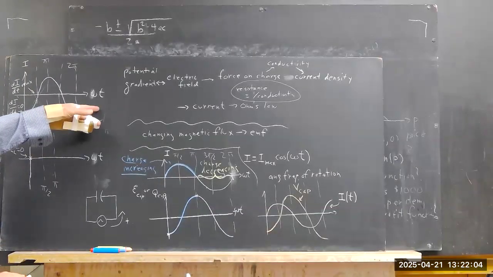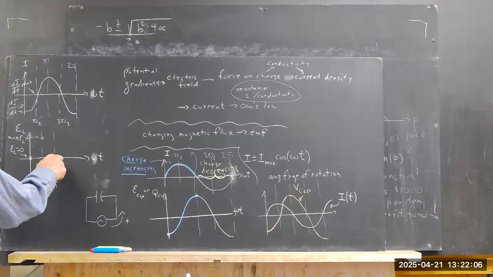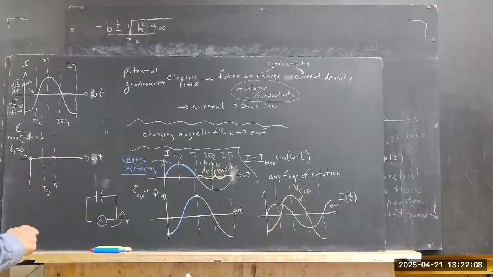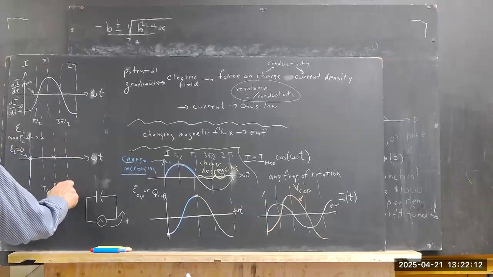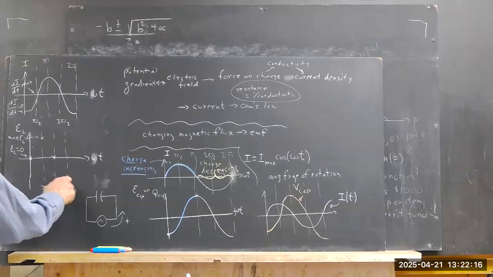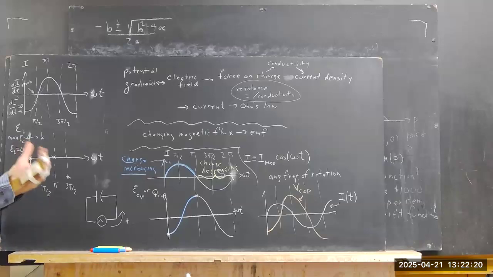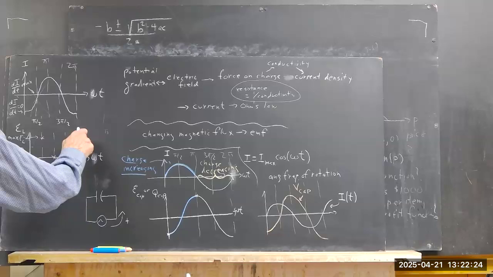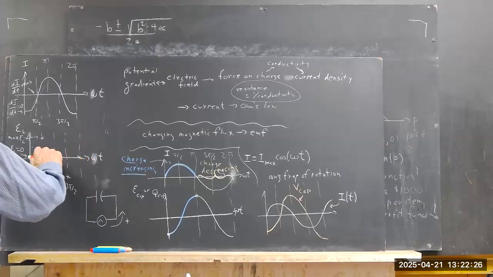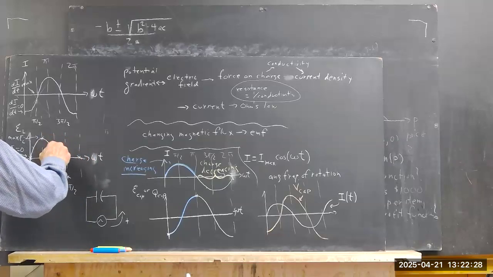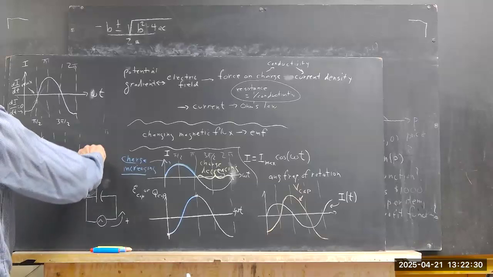So when omega t equals pi, this thing's back down to zero. And then when omega t is 3 pi over 2, we have maximum negative inductance EMF, back EMF. So the graph is going to look like this.